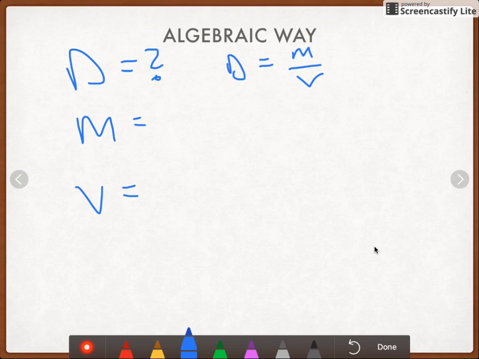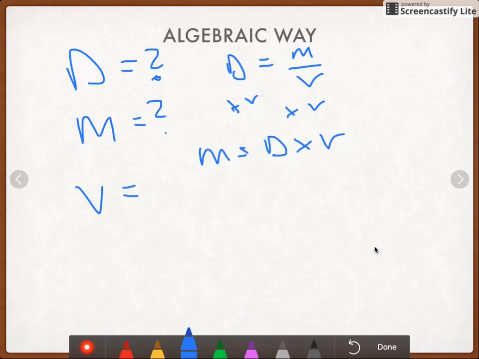If we want to look for M, though, we've got to get M by itself in that equation. So you could times by V on both sides, and you would get M equals D times V, and that would give you your mass.